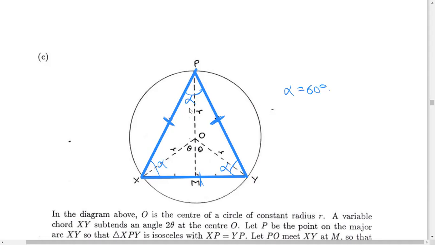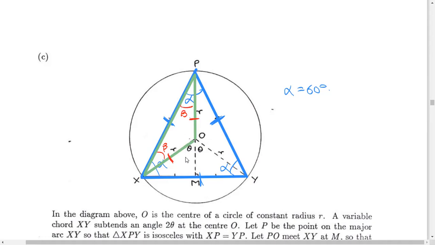And if all angles are equal, then hopefully it shouldn't be a surprise that those will be 60 degrees. So if you want to show that those are 60 degrees, looking at the green triangles now, because this is R and this is R, then this angle must equal this angle.